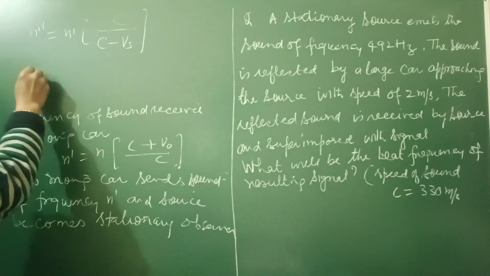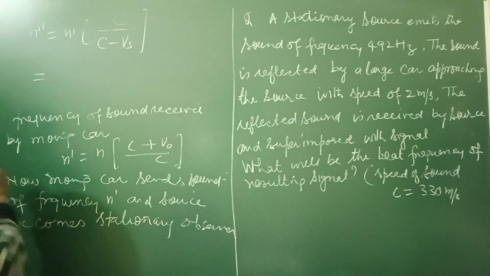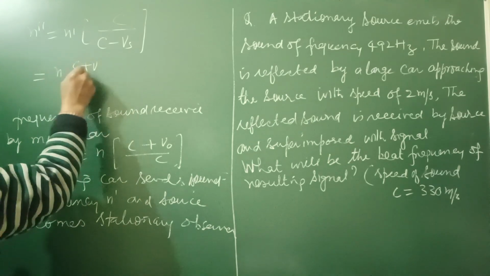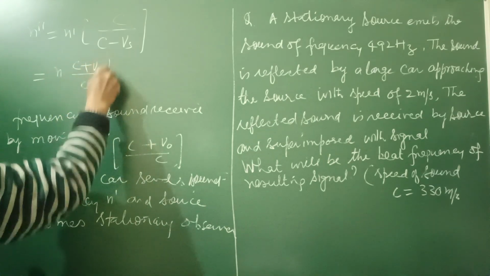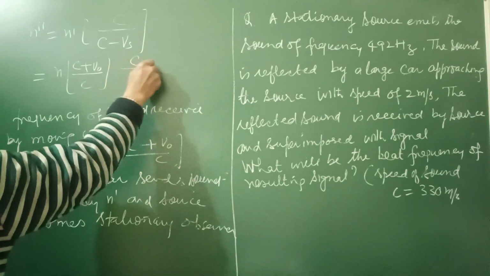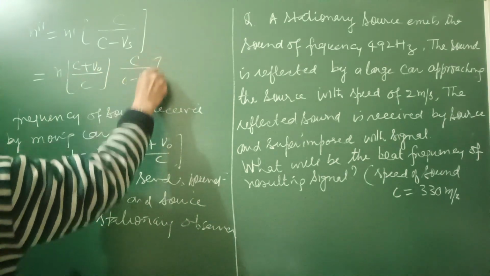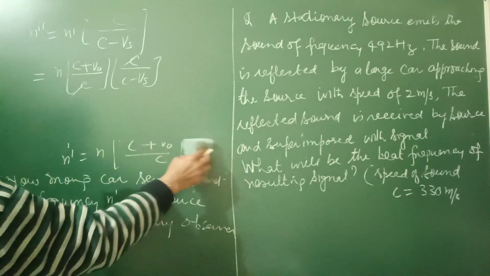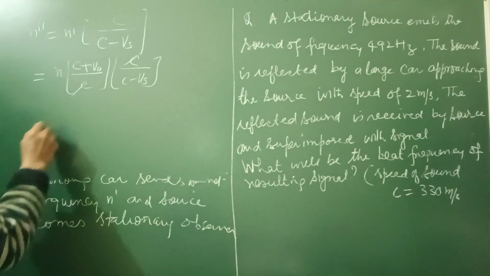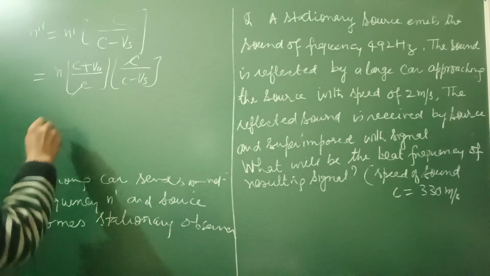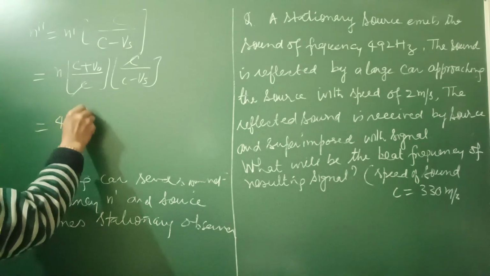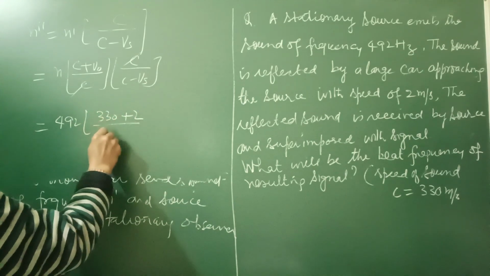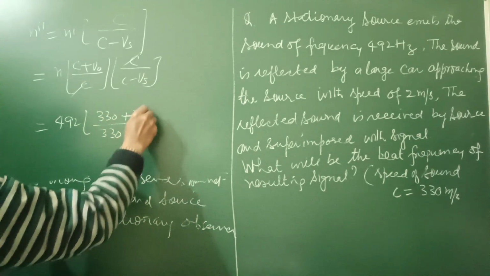Putting the value of n' here, we get n'' = n into (C + Vo)/C into C/(C − Vs). This C cancels. So n'', n given is 492, times (330 + 2)/(330 − 2).